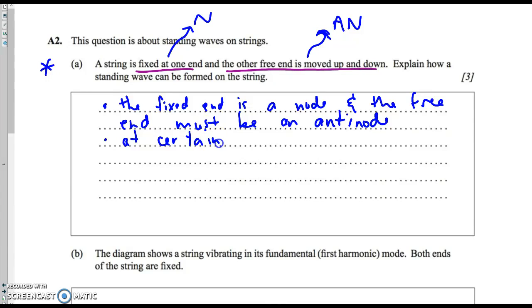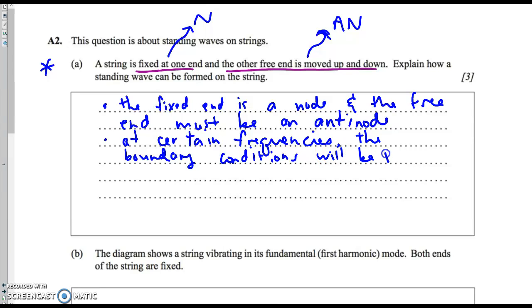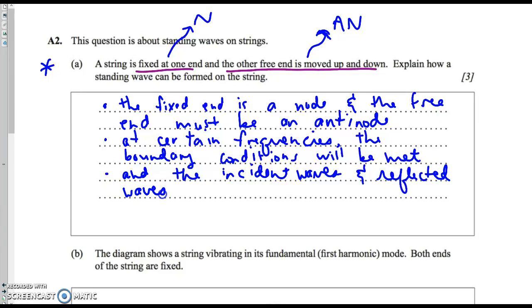At certain frequencies, these boundary conditions will be met. At those frequencies, the incident wave and reflected waves will interfere to produce a standing wave.